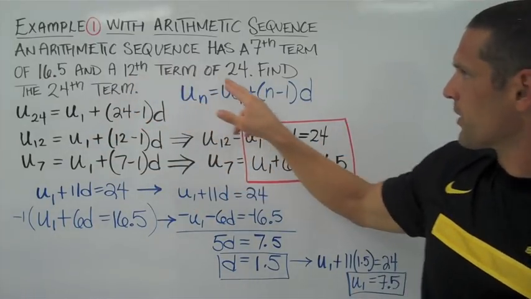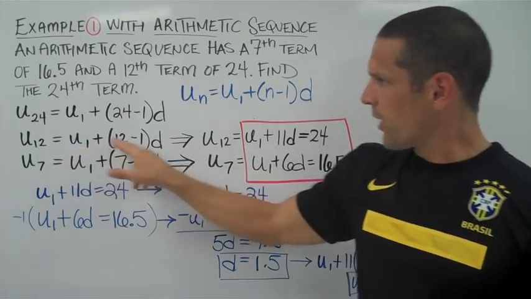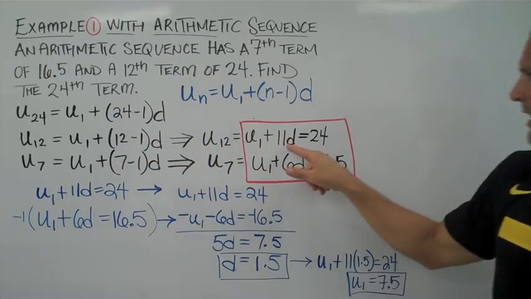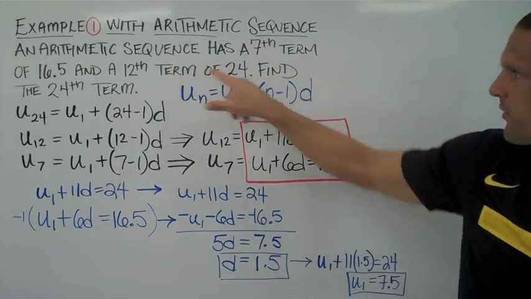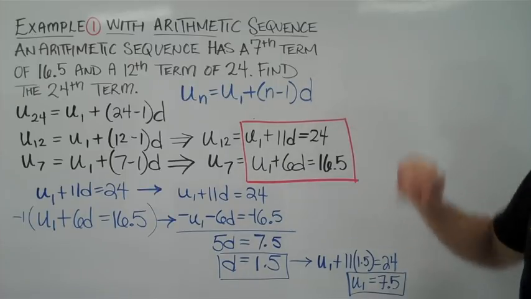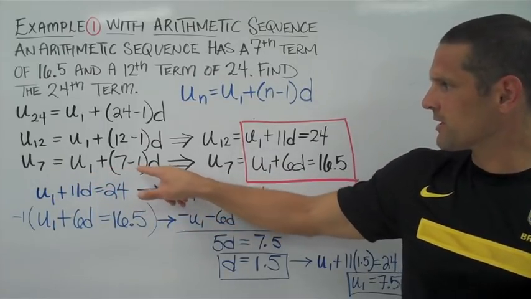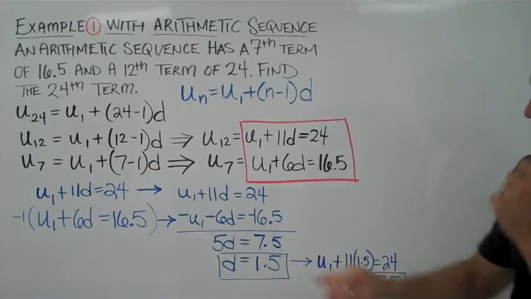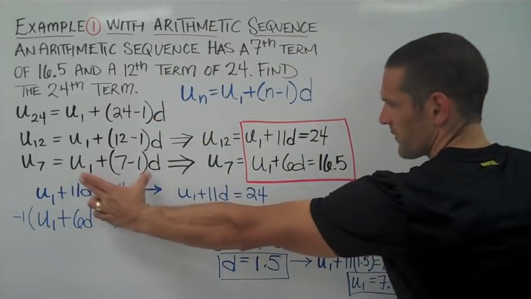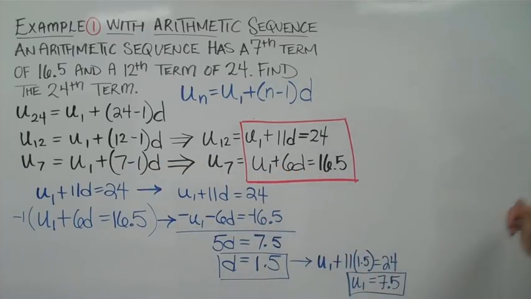So if the 12th term is 24, then U12 equals U1 plus 12 minus 1 times d, which is U1 plus 11d, equal to 24. And it's got a 7th term of 16.5. That means U7 equals U1 plus 7 minus 1 times d, and the 7th term is 16.5. So U1 plus 6d is equal to 16.5.